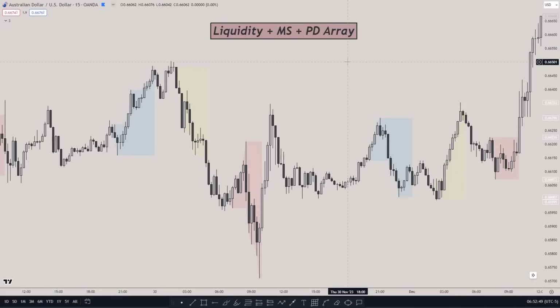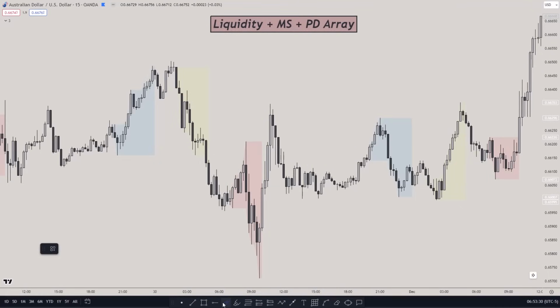And PD arrays, we should be familiar with the PD array matrix at this time. So it could be fair value gap, inverse fair value gap, it could be order block or breaker block, it could be a rejection block, etc. We have a lot of PD arrays. Now, using those three main concepts, and at this point, the real understanding of the market, all of the setups or the strategies that have been uploaded, now you'll understand all of those and what they rely on.